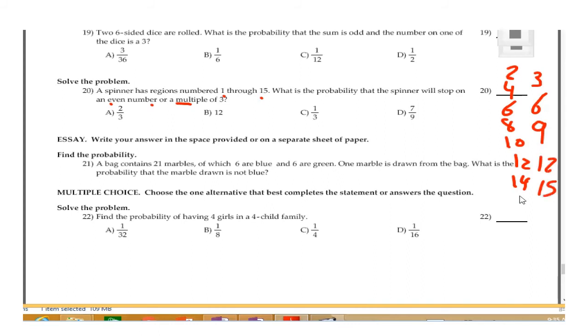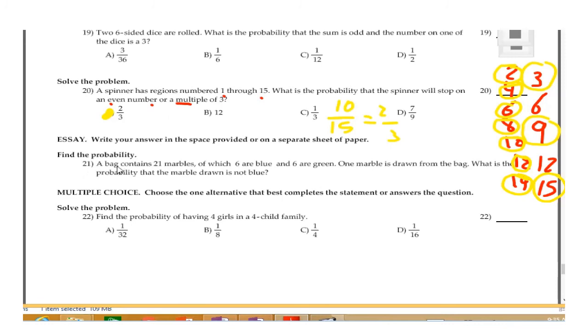And from the common ones, we are taking only 1. So it's going to be 1, 2, 3, 4, 5, 6, 7, 8, 9, and 10. So it's going to be 10 out of 15, divided by 5, which is 2 out of 3. So the answer is 8.